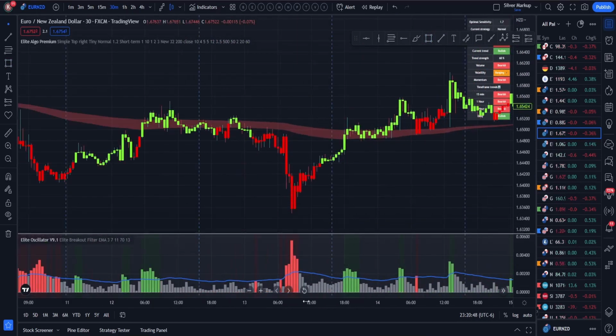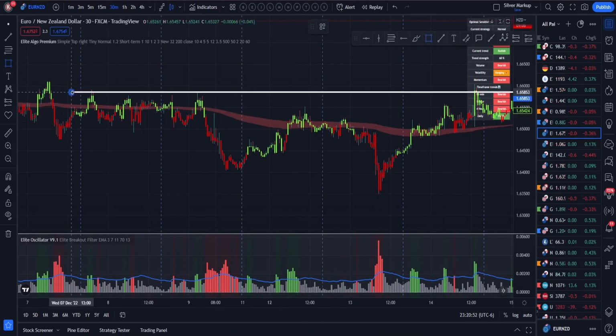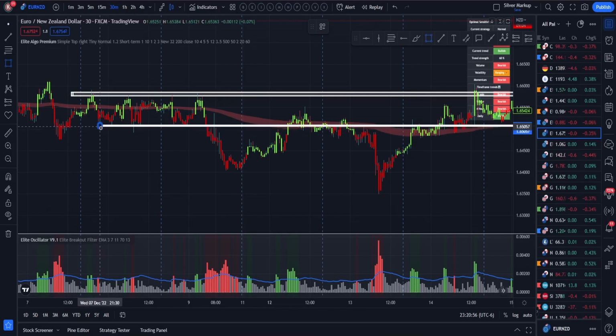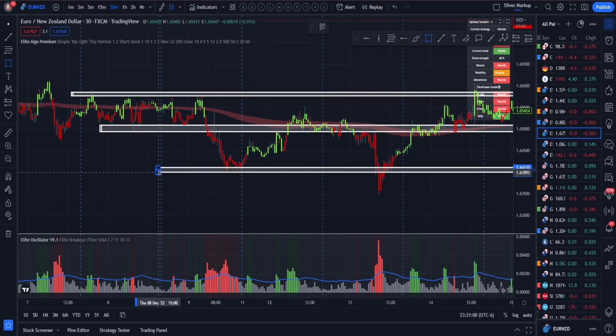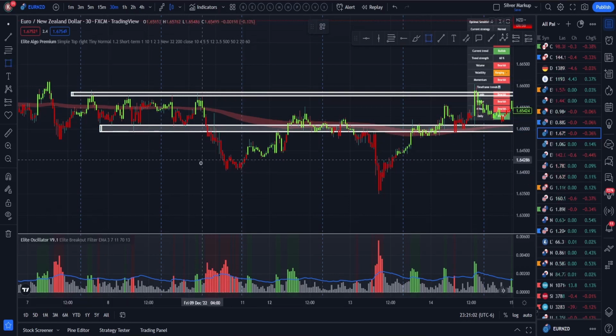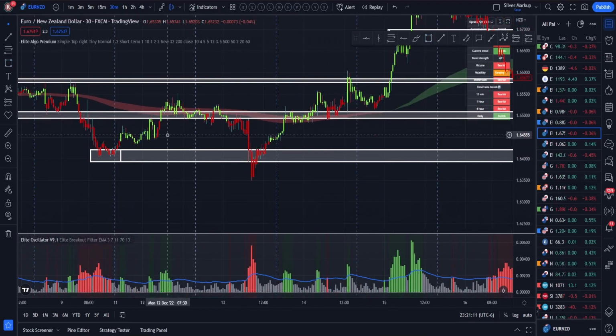Let me zoom out a little bit so I can see better. So this one's a key one here. Have this one there, this one here, and if these price levels stand the test of time, that also lets you know that you got good price levels.